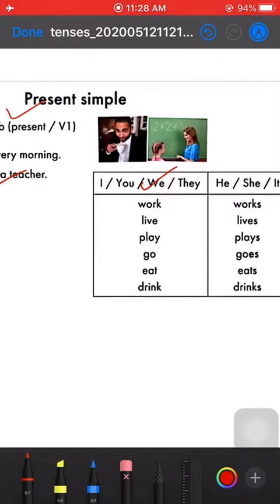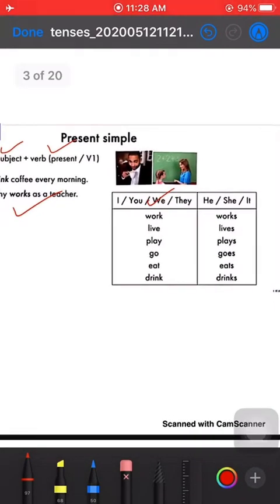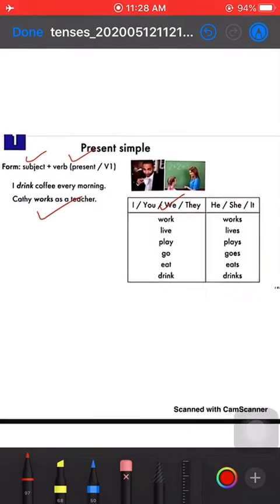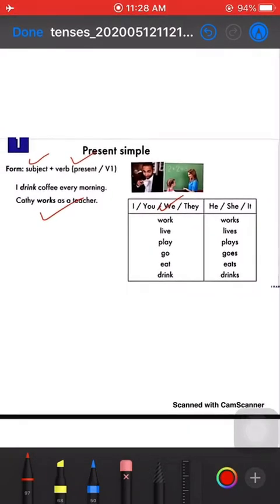Repeating, if we have a subject like I, you, we, they, in this case we need not add S with the verb. But if the subject is he, she, or it, or someone's name, then we have to add S to the verb. Clear? Kathy is a female name, so we have said Kathy works.